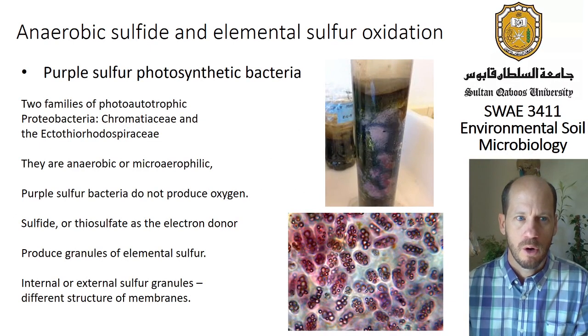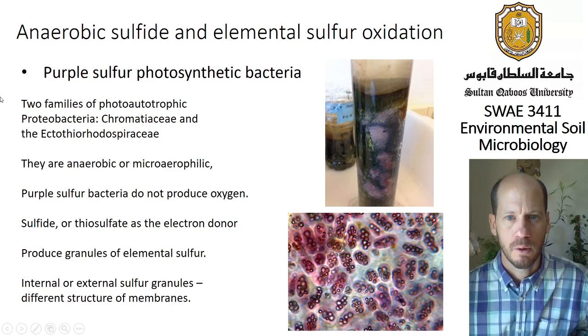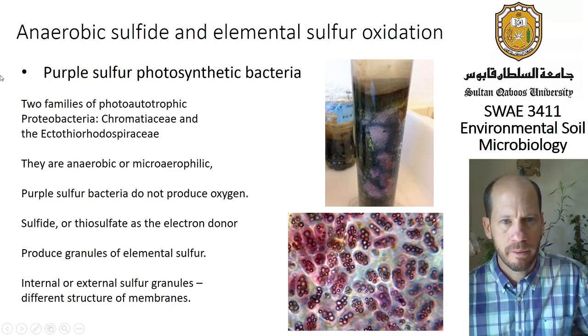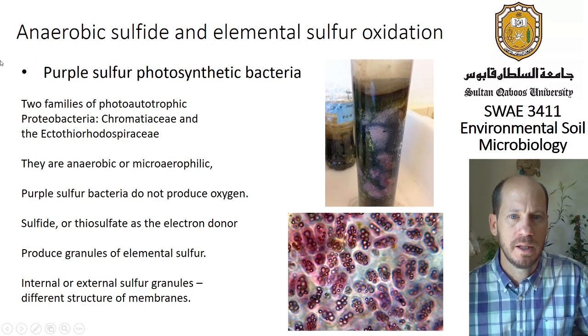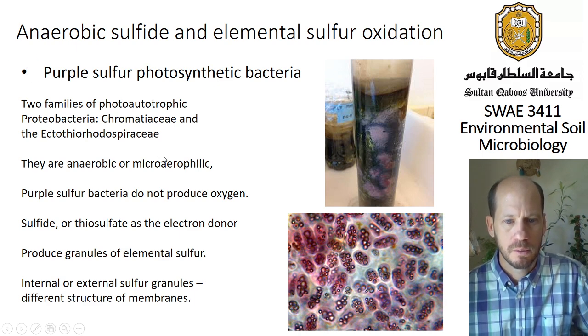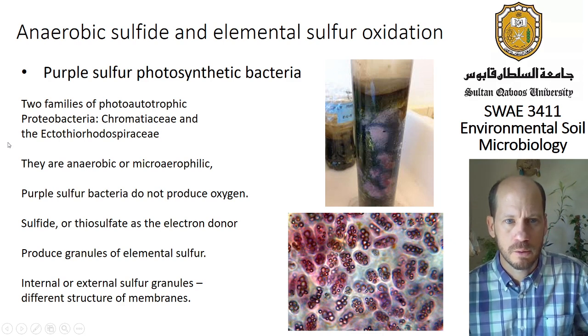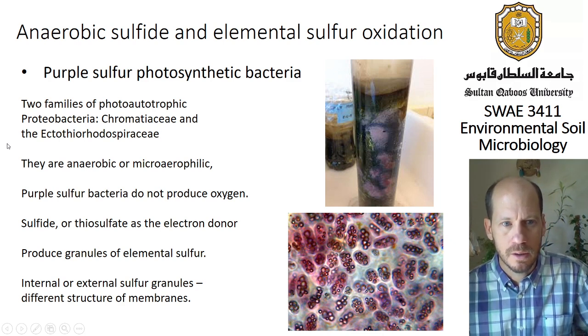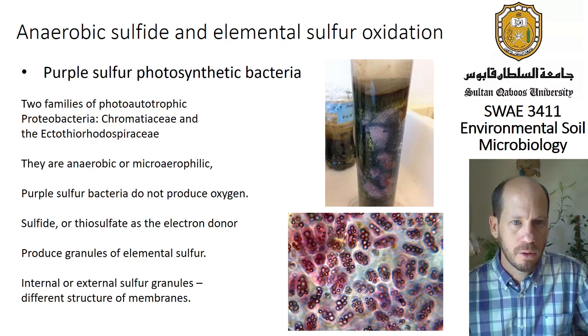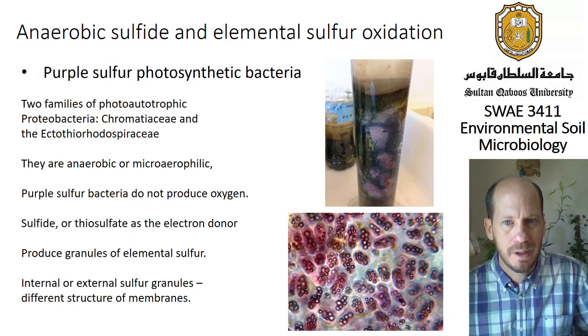The next group of microbes, and I'm showing here a Winogradsky column on the right, which I will talk about in a bit, are the purple sulfur photosynthetic bacteria, yeah? I will talk about purple sulfur bacteria and green sulfur bacteria. Purple sulfur photosynthetic bacteria are photoautotrophic, but also photolithotrophic. So they use the sulfur as an electron donor, and they also need sunlight for this photosynthesis.